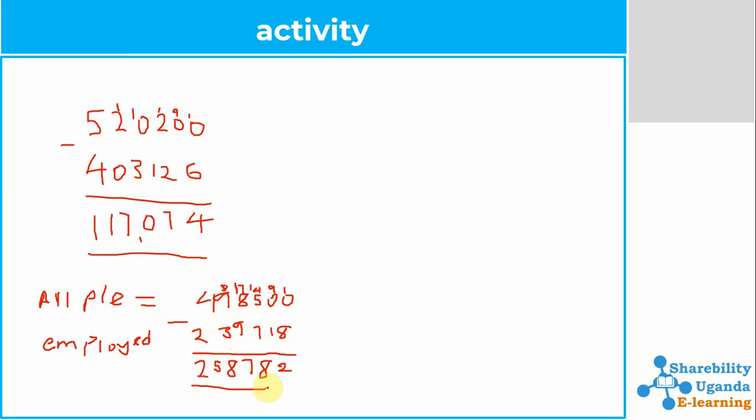So this simply means the number of people who are unemployed are these ones. Those are the people who are unemployed within the town.